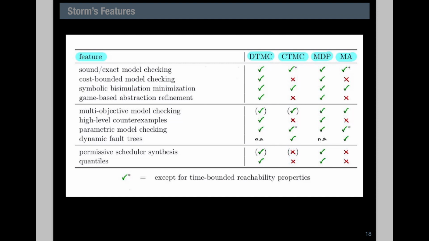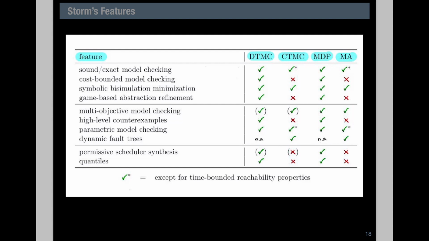What kind of features do we have? Storm has an engine to do exact model checking, so using exact arithmetic. We have also techniques that are sound in the sense that if you use floating points and you use typical techniques like value iteration, the results can be guaranteed to be correct. We have techniques to reduce models like symbolic bisimulation minimization and game-based abstraction.